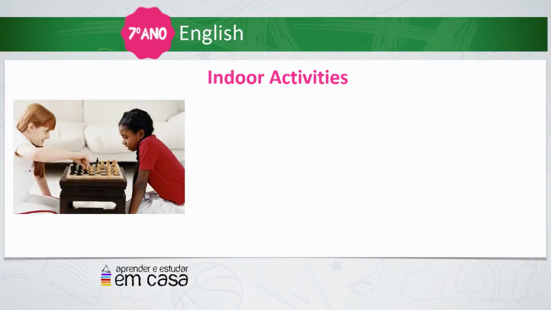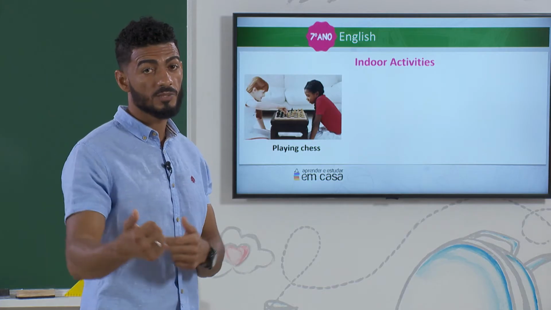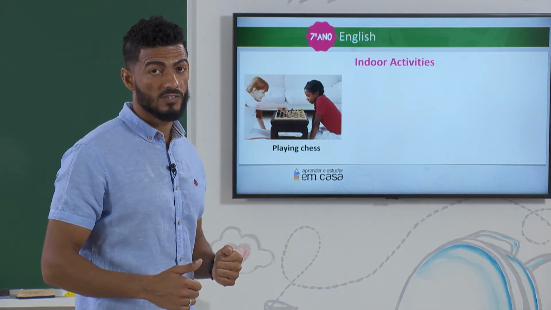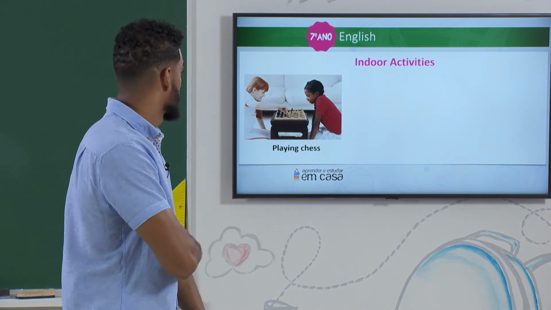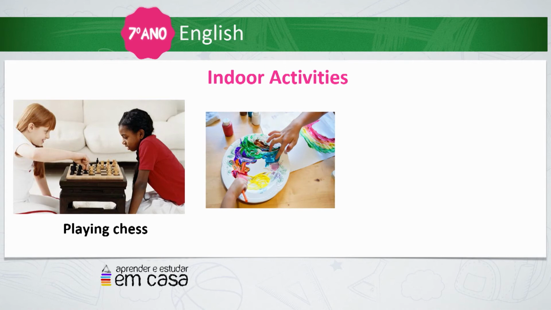The first one, the kiddies are doing what? Good. They are playing chess. Are you good at playing chess? Fine. Do you have it at your home? Okay, great. Another one, here we can see someone is painting.